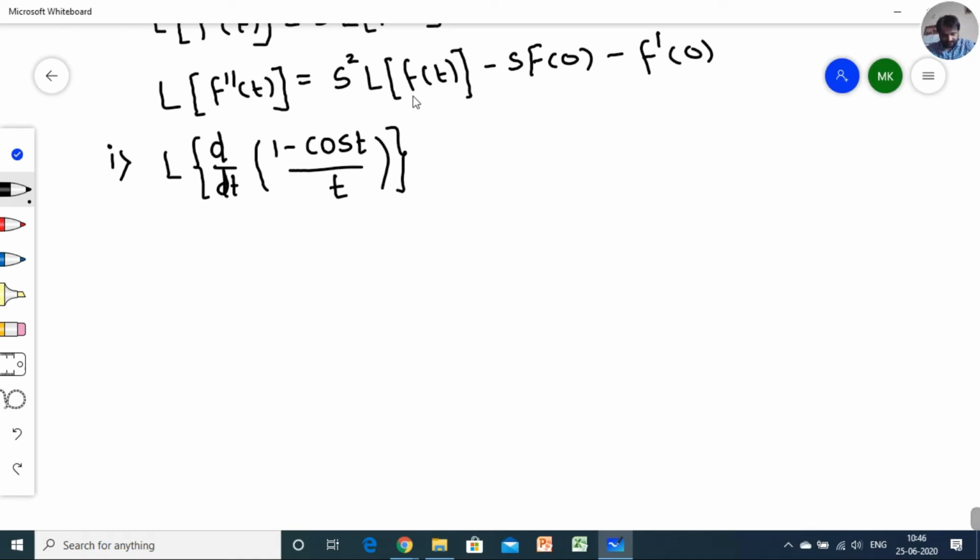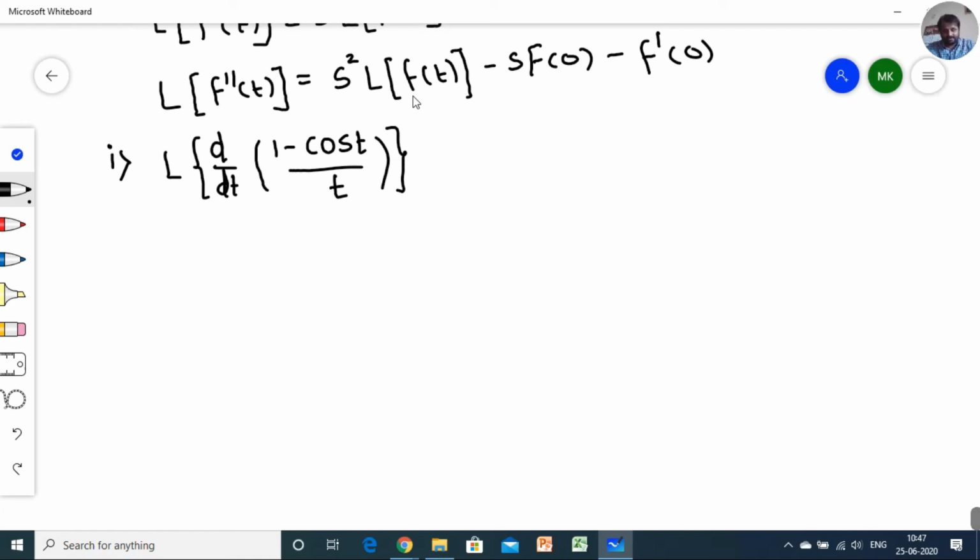If you remember, one question we solved in division by t, that is the integral from 0 to infinity of e raised to minus t sine square t by t dt equal to 1 by 4 into log 5. There the sine square t is converted in terms of multiples, that is equal to (1 minus cos 2t) divided by 2.